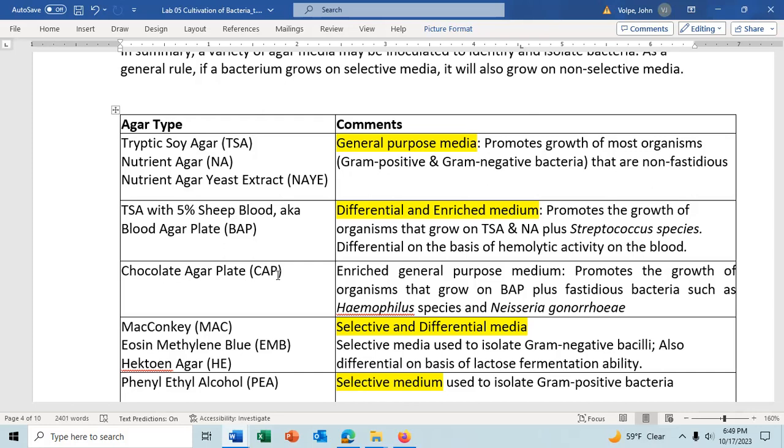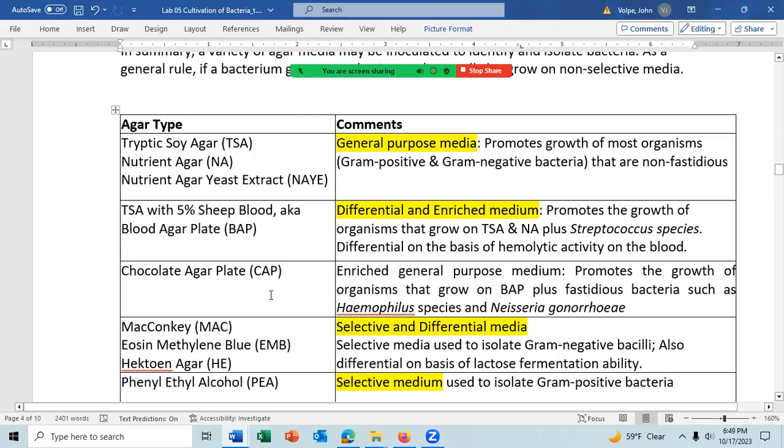Close to 100. So my guess is the temperature will cool close to around 100 degrees Celsius. And then you add the blood. That will cause the blood to lyse, giving it the brown appearance. And because the plate is brown, it's called chocolate agar because it looks a little bit like chocolate, but there's no chocolate in it. It's actually blood. Anyways, the chocolate agar is only an enriched general purpose media.